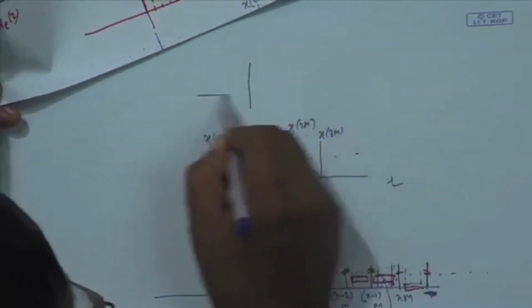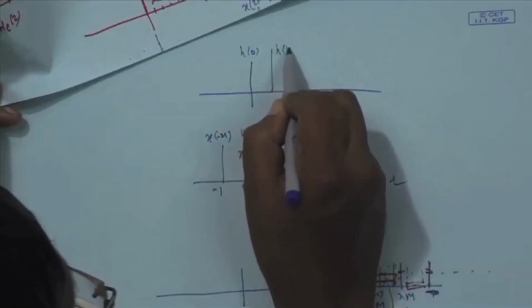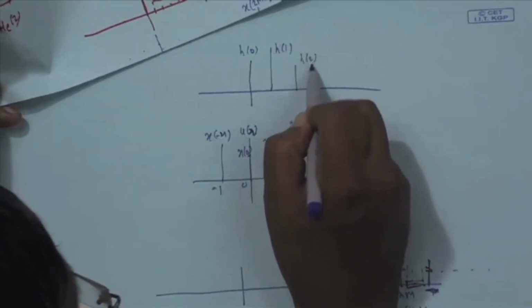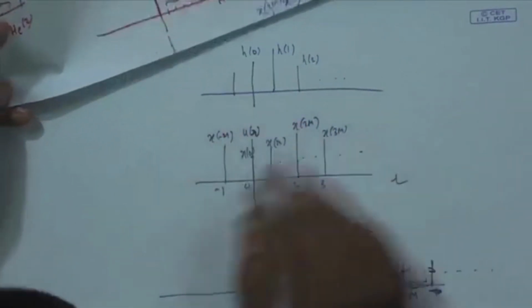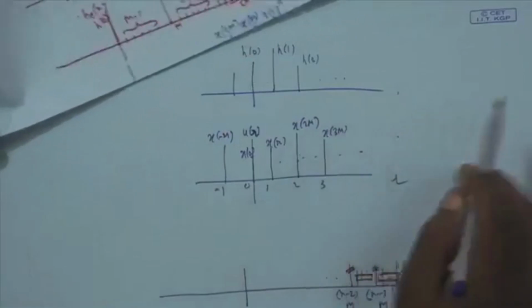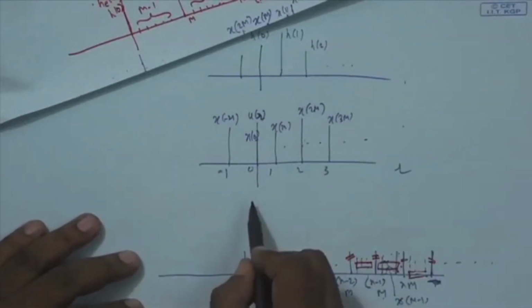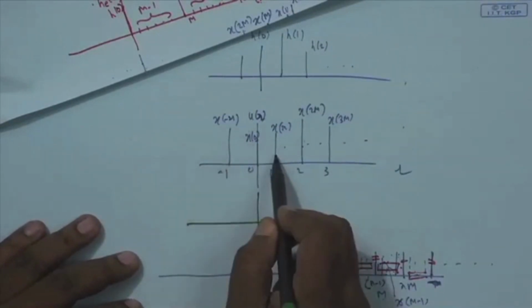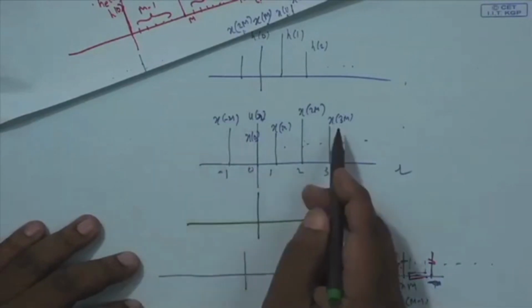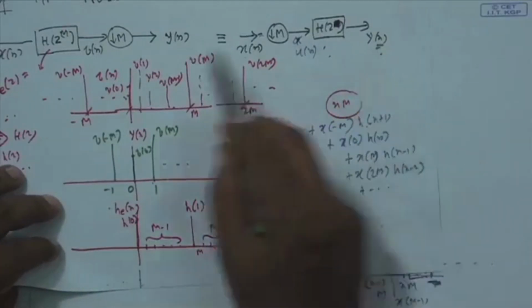Original h is not expanded version, this is original h. If you convolve these two, what will you get? You flip this to the left, flip this. So, what you get is x m on this side, x minus m on this side, x 2m on this side, x minus 2m on this side, and you have to find out the convolution now at nth index, okay, and you have to show this is same as this side.